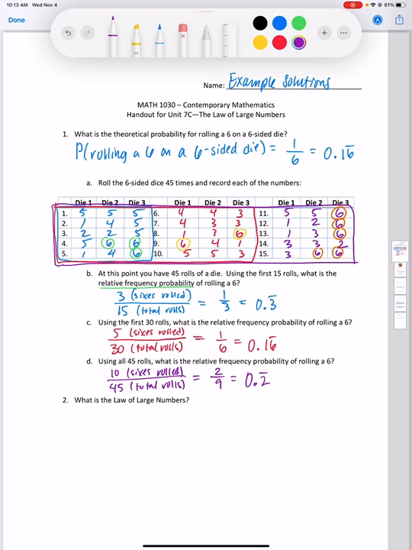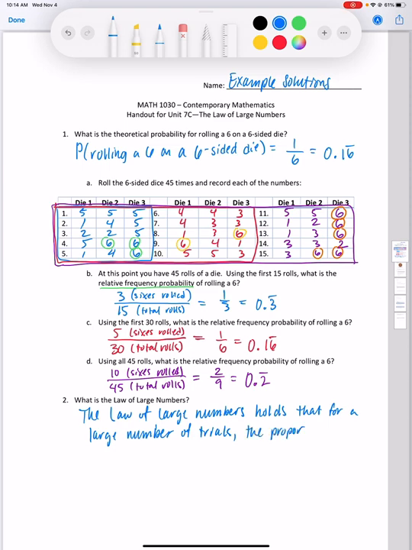The law of large numbers holds that for a large number of trials, the proportion in which event A occurs is close to the probability.